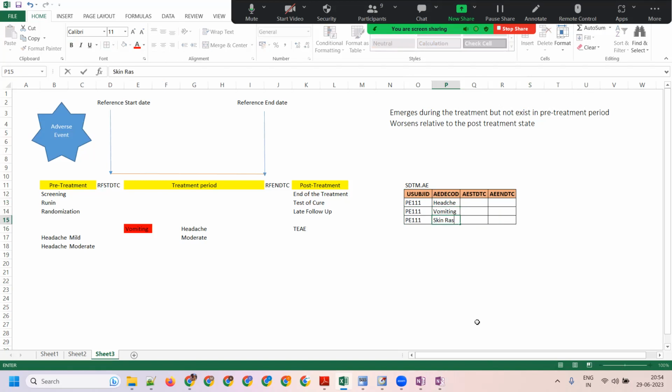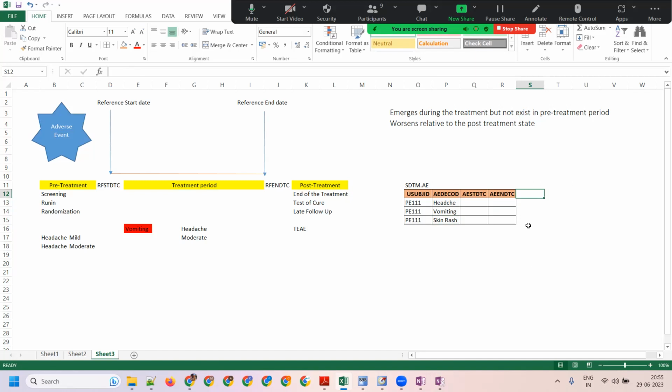So there are 3 adverse events with different start dates and end dates. I know all these 3 are treatment emergent. These all happened after my treatment start only. I know that by looking at it, but my SDTM doesn't have a scope.